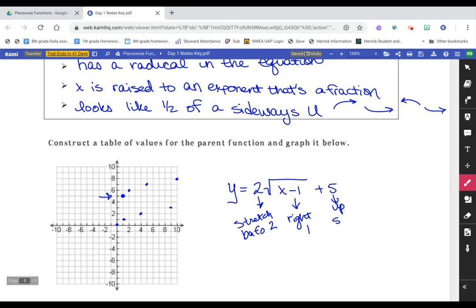So now instead of going to the right 1, up 1, we're going to vertically stretch that up 2. So this goes away. And if we look at this point, we went to the right 4, up 2. We'll still go to the right 4, but instead of going up 2, we're going to go up twice that amount. So up to 4. All right, and we can draw this now as that function right here.